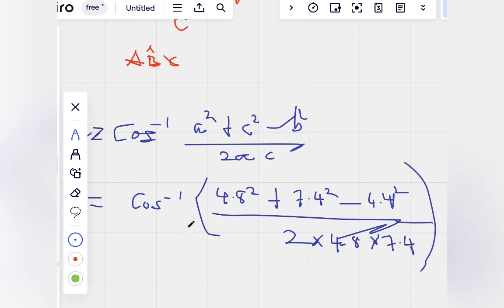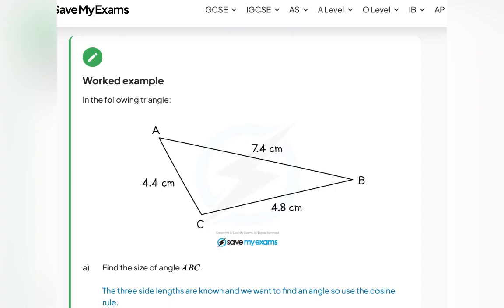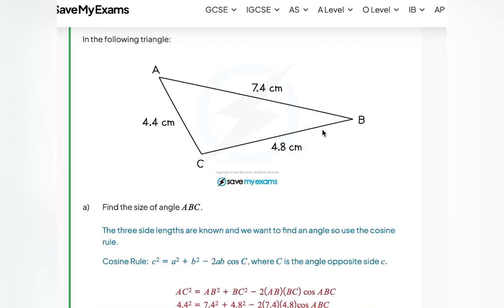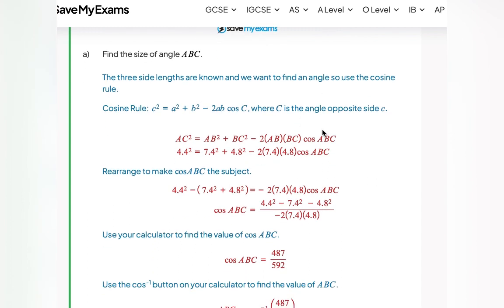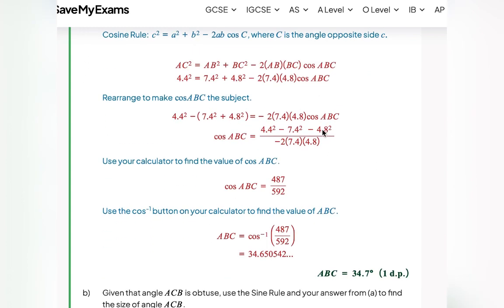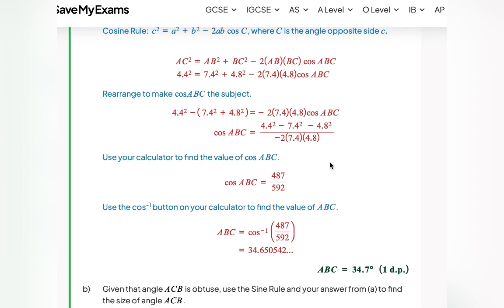If you key all this into the calculator and find the cos inverse of 4.8 square plus 7.4 square minus 4.4 square all over 2 times 4.8 times 7.4, you get the value of angle B, or ABC. You get 34.7 to 1 decimal place.